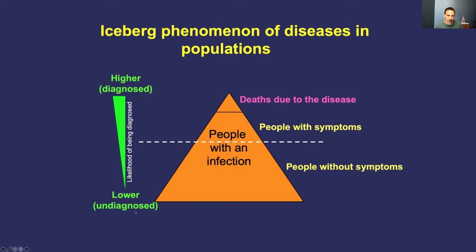Of course, your likelihood of being diagnosed with an infection is low when you're not having any symptoms. There may be no reason to suspect infection or to be tested unless there's screening going on. But your likelihood of being diagnosed becomes higher the more severe the symptoms you develop as a result.